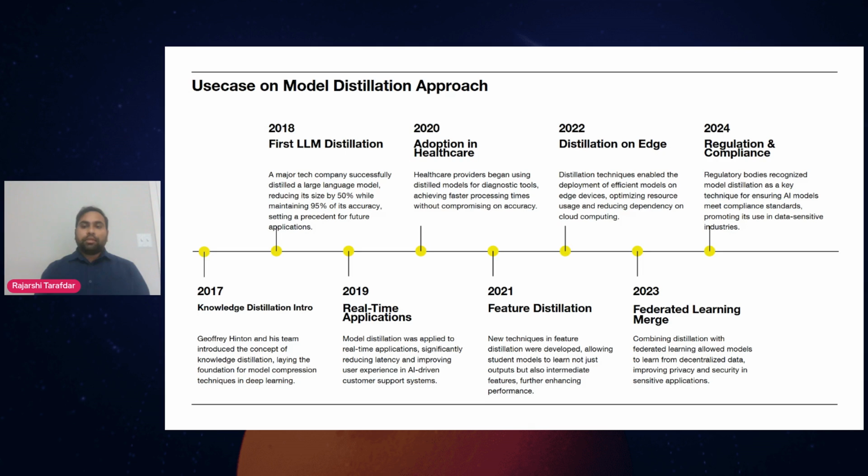It evolved again in 2023, where federated learning was introduced with the concept of model distillation, performed on top of decentralized data, and it helps in maintaining compliance, privacy and security for sensitive applications which might have constraints.